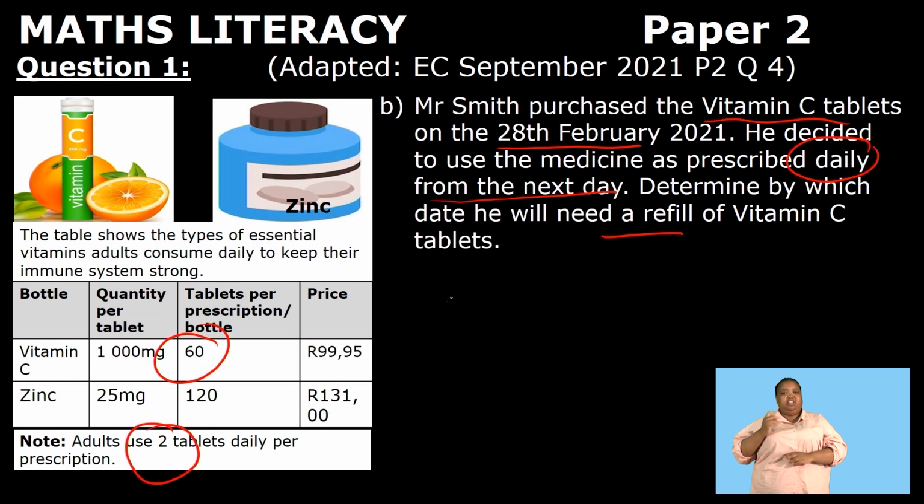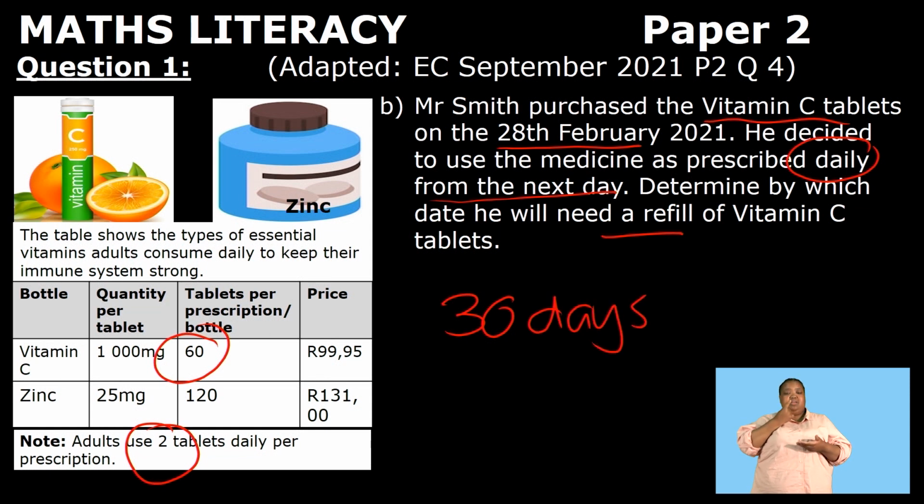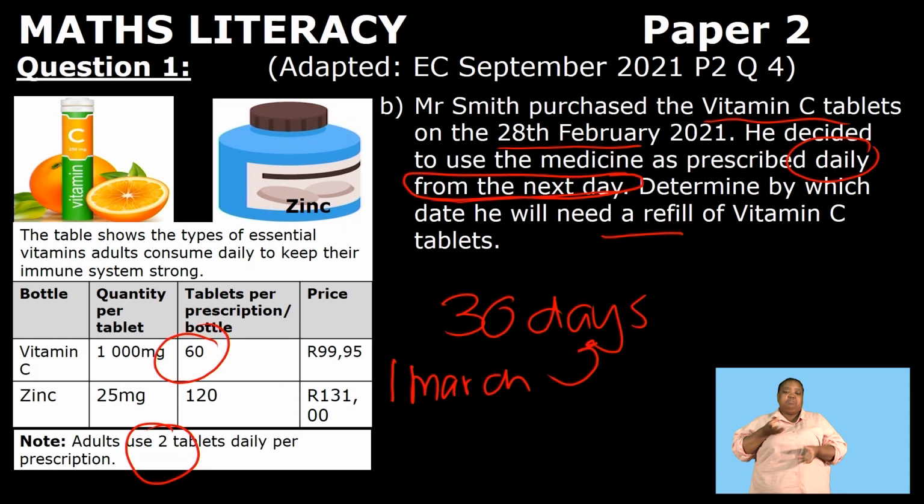Meaning in the bottle there is 30 days of tablets to work with. The important thing is we count from the next day. So then we will start counting from 1 March for 30 days. And that is how you get your answer.